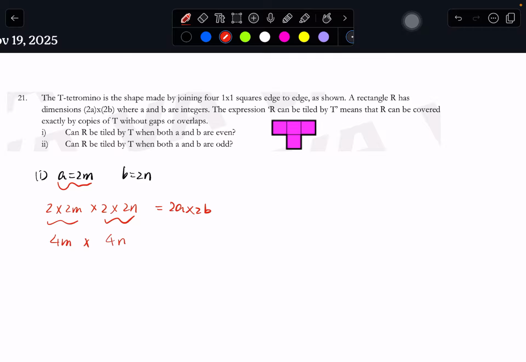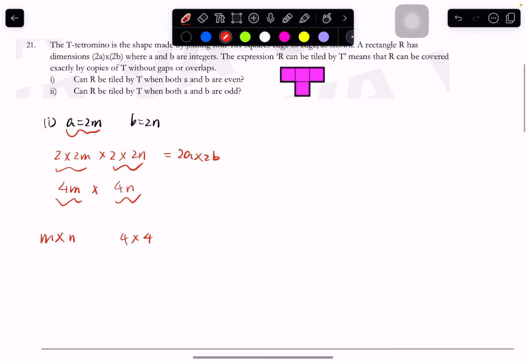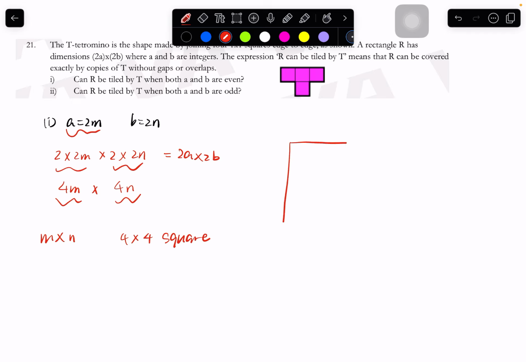Now, given this dimension, we can divide this rectangle into m times n squares of size 4 times 4. So what is in the 4 times 4 square? Firstly, we can sketch a 4 times 4 square, which is like this.